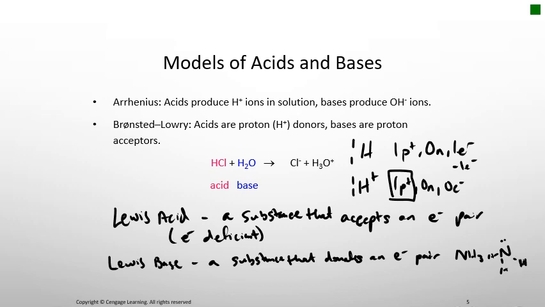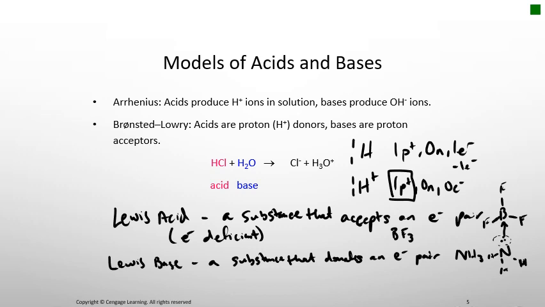We could have something like BF3 as an example for a Lewis acid. Notice here the boron only has 6 total electrons around it instead of 8. So it can take these 2 lone pair electrons from the nitrogen and form a coordinate covalent bond with the boron, and you'd have a new compound that would form.